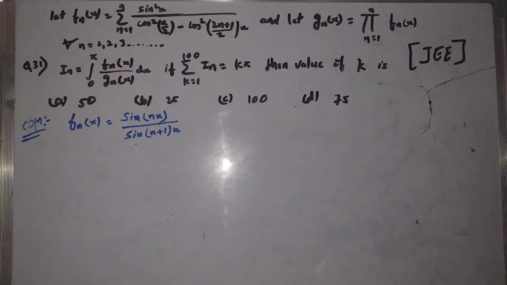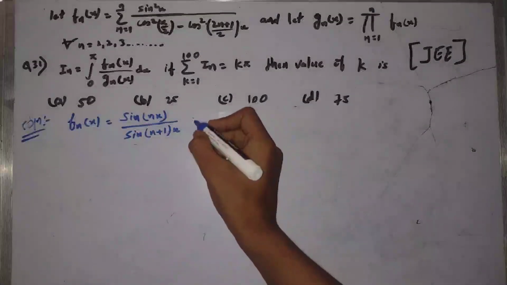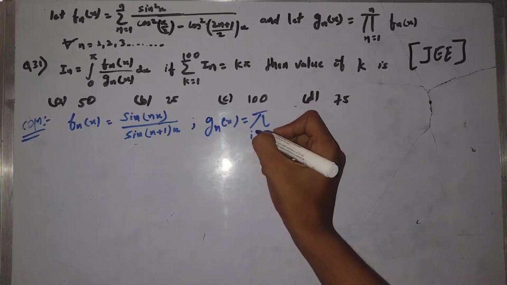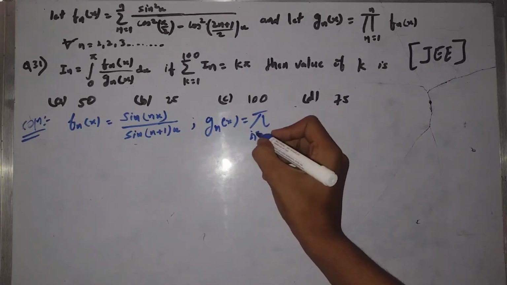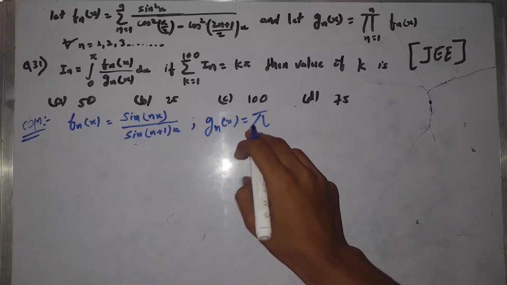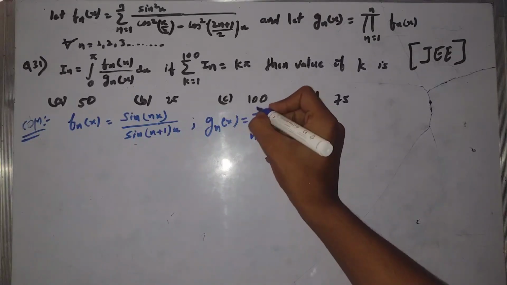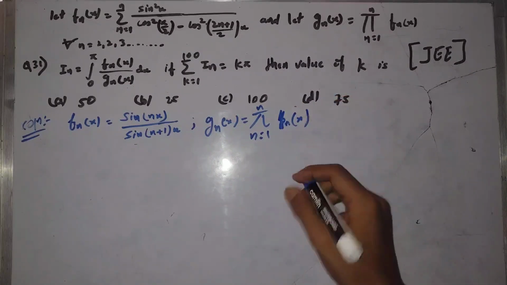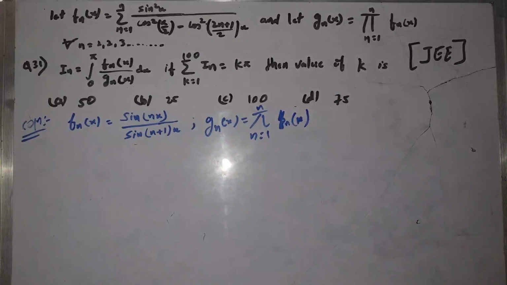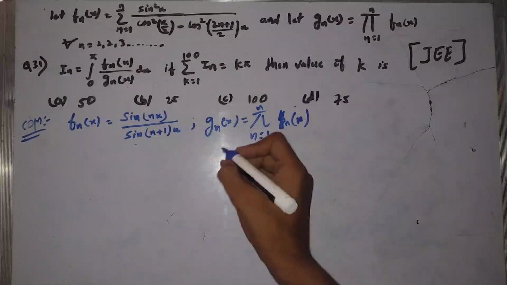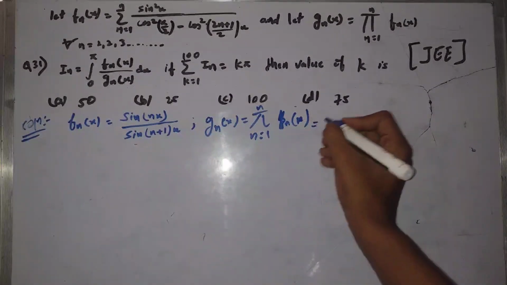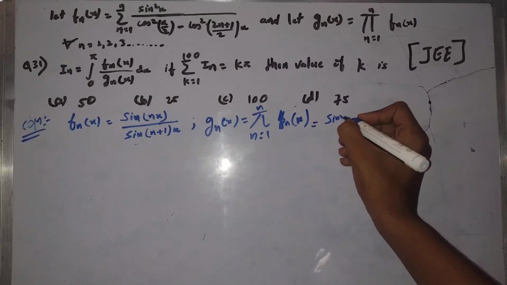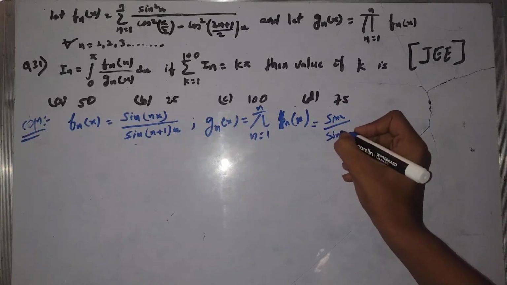Now we'll find g_n(x). We can see that g_n(x) is the continuous product, from r equals 1 to n, of fr(x). We simply put in the values: in the numerator it will be sin x, and in the denominator sin 2x.